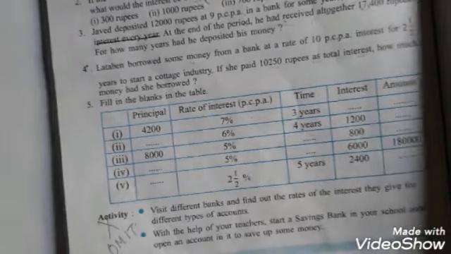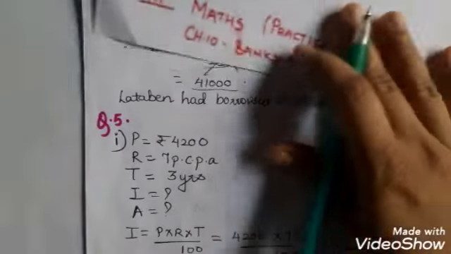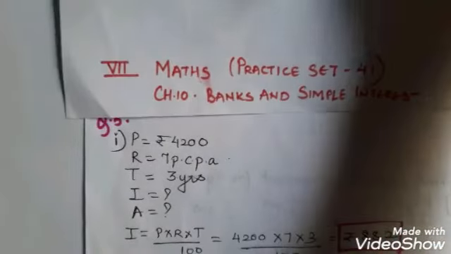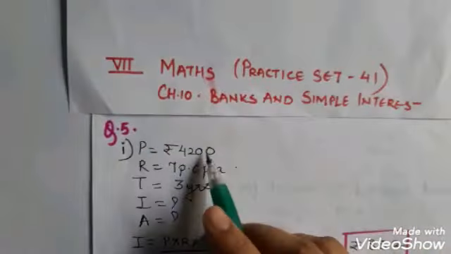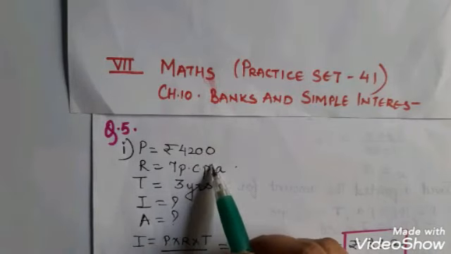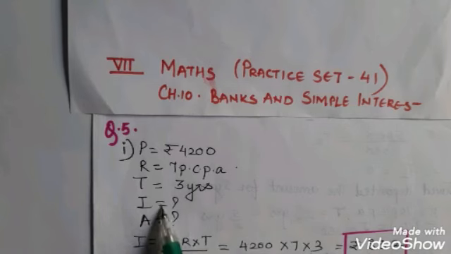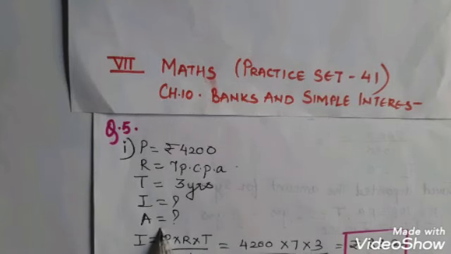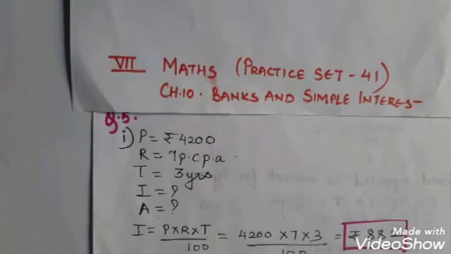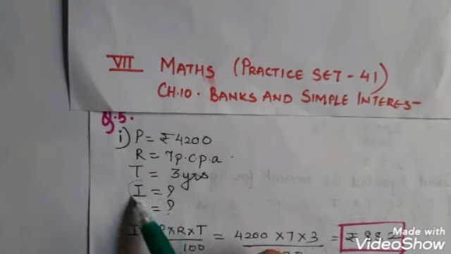So first we'll write what has been given to us. They have given us principal, the rate of interest and the time. We will find the interest and the amount. So first we'll find the interest.